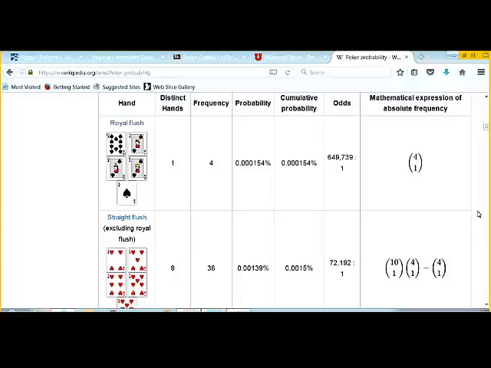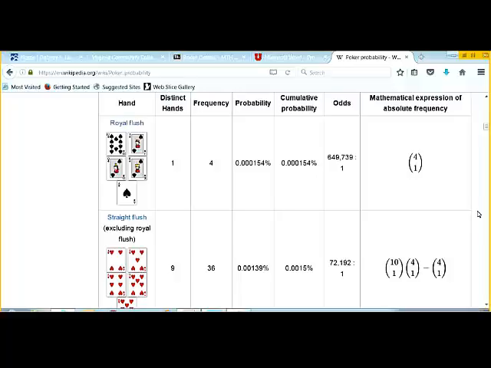So I guess a royal flush is the 10, Jack, Queen, King, Ace of one suit. And there's 4 incidences of that. So to find the probability, you take 4 divided by 2.5 million of all the different hands.